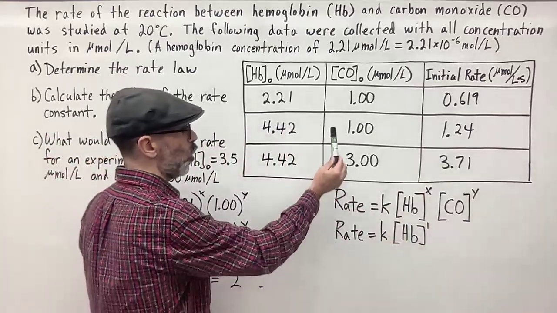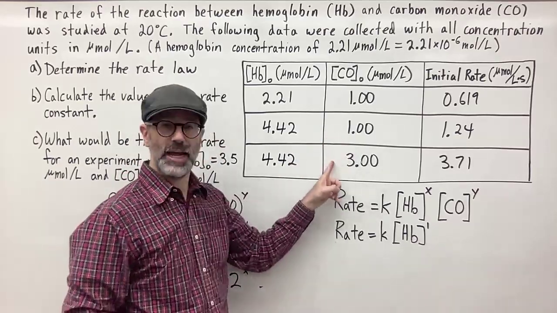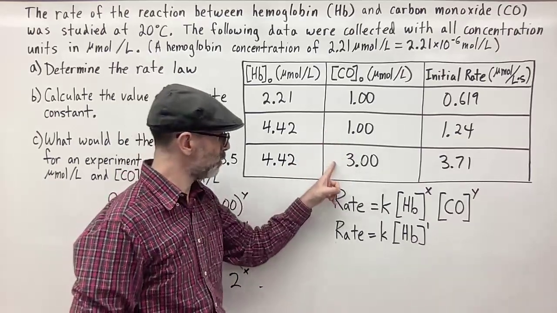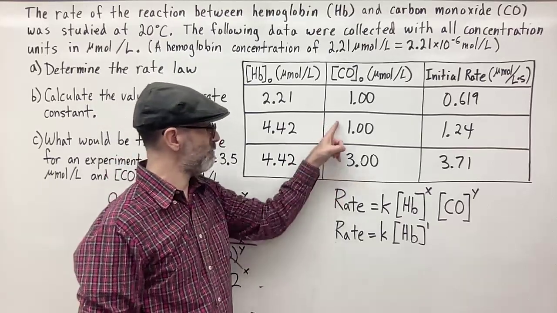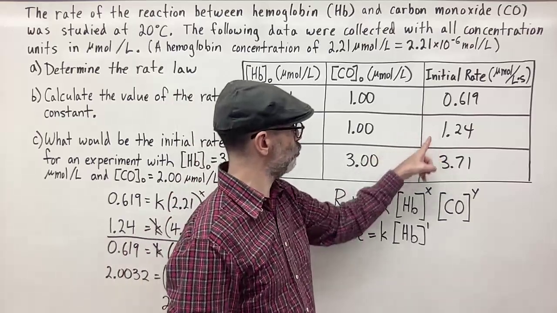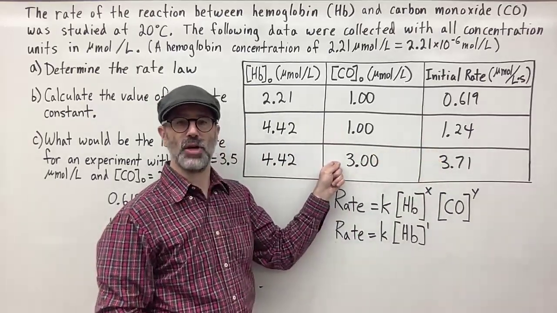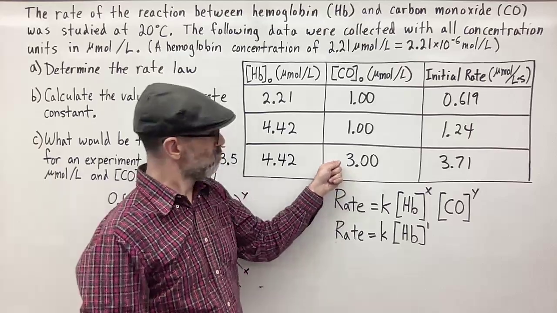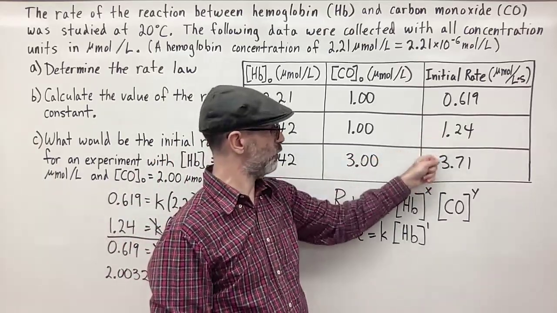And so again, notice here that you have a 1 to 3 change. So you're tripling the amount of carbon monoxide. So this differs by a factor of 3. So what does that do to the rate? If I triple the initial concentration of carbon monoxide, how does that affect the initial rate of the reaction?